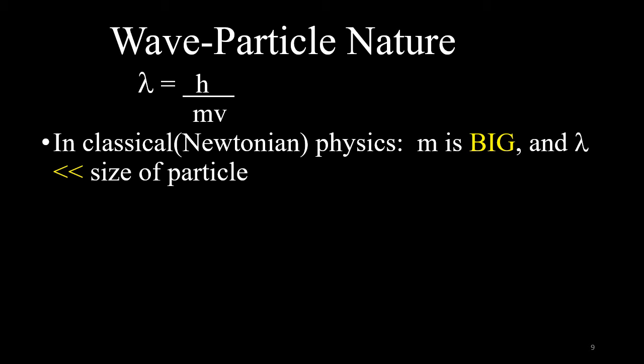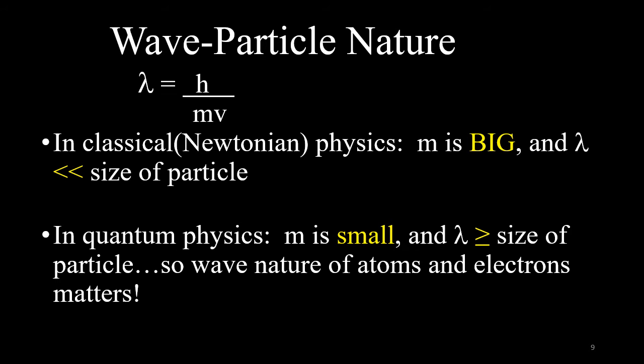In classical physics, that's Newtonian physics, that's things we can see with our own eyes, a normal macroscopic scale, the mass is big and the wavelength is very, very small. It's much, much smaller than the size of the particle. So think about it, if you have a big m, big mass, in the denominator, you're going to end up with very small lambda when you finish the calculation.